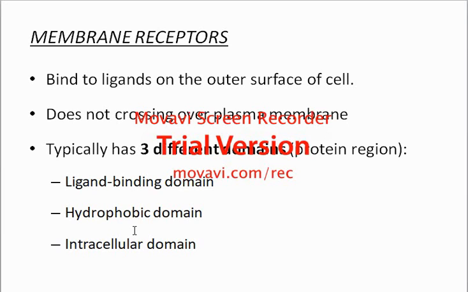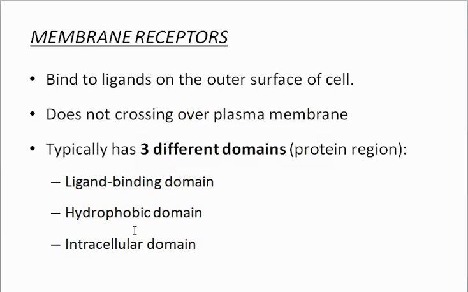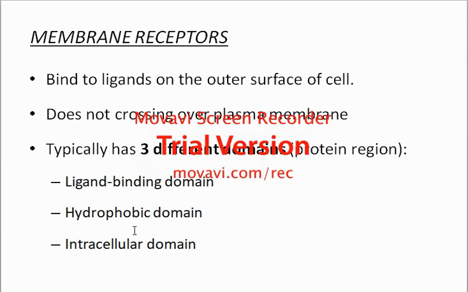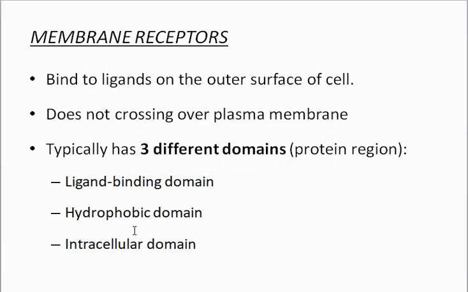And lastly, the intracellular domain sits inside of the cell, which often transmits a signal. The size and structure of these regions can vary a lot depending on the type of receptor, and the hydrophobic region may consist of multiple stretches of amino acids that crisscross the membrane.